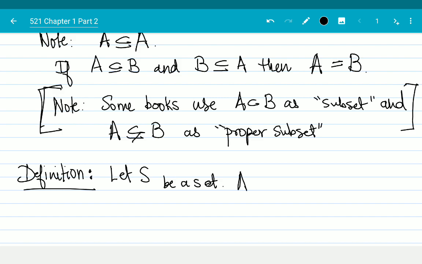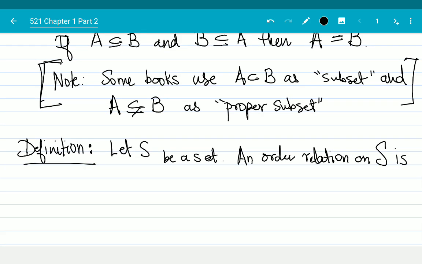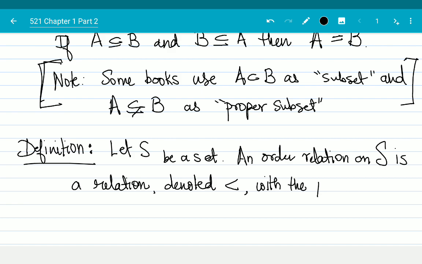An order relation on S is a relation, generally denoted by smaller than, with the following properties.